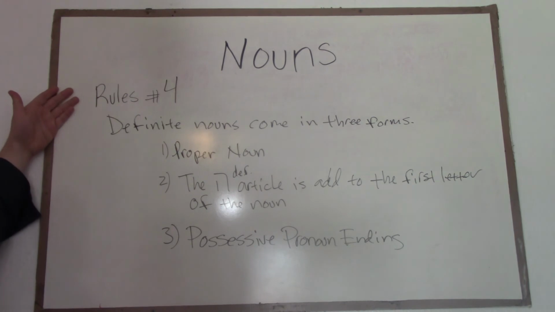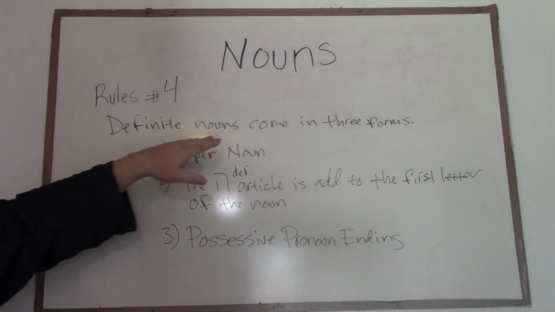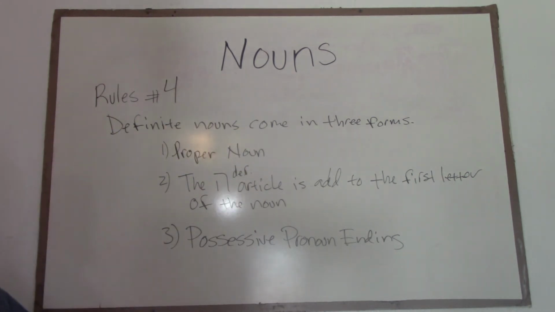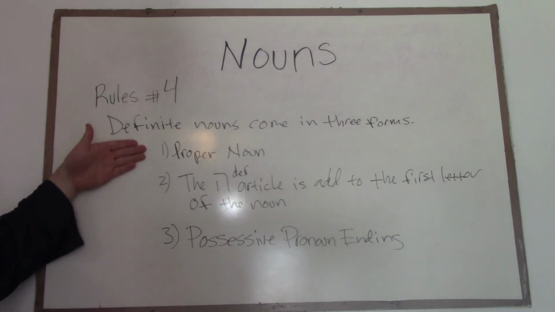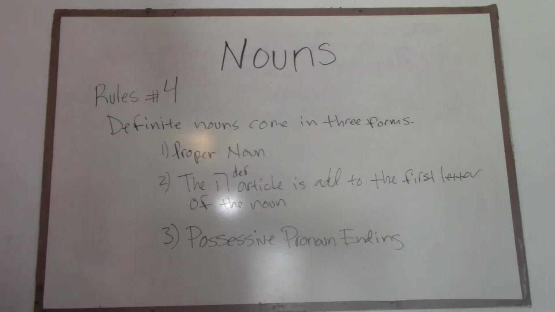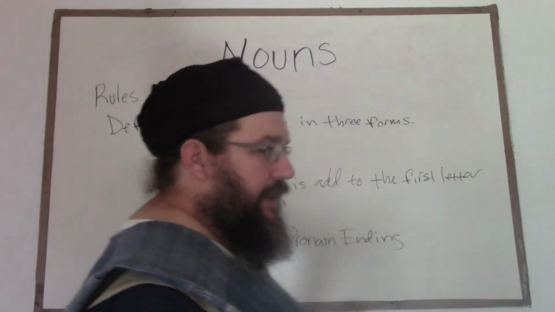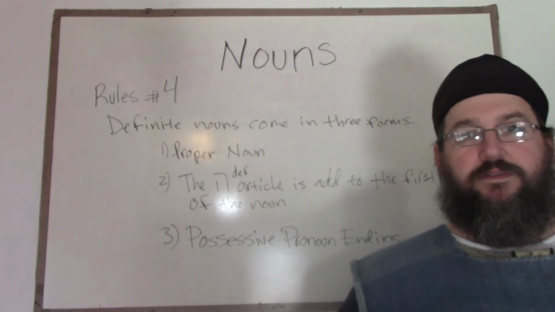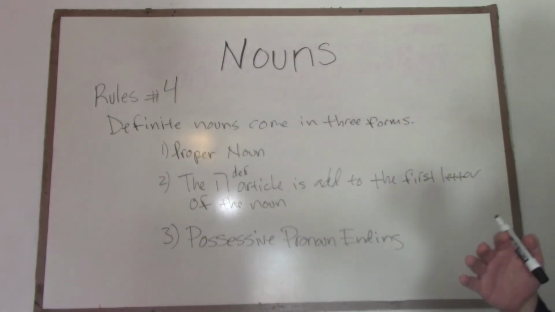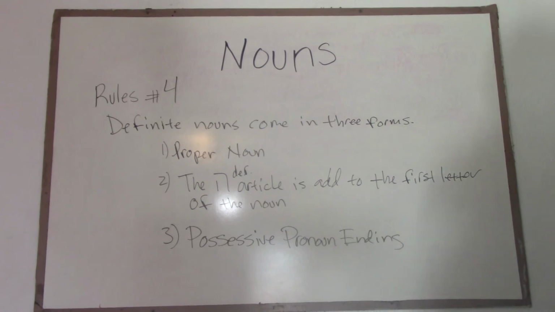So rule number 4, definite nouns come in 3 forms. What are these 3 forms definite nouns come in? Number 1, a proper noun, which means the noun itself is definite. The noun itself defines a person, place, or thing.